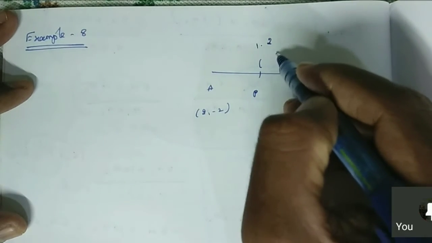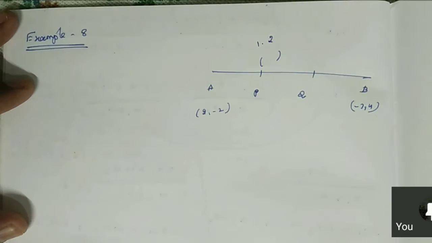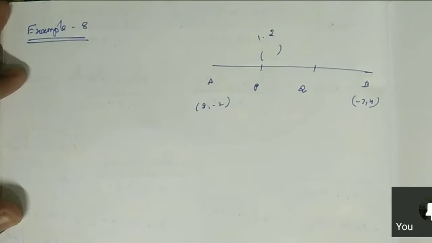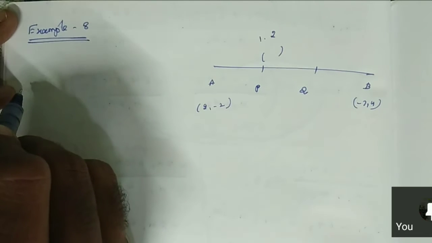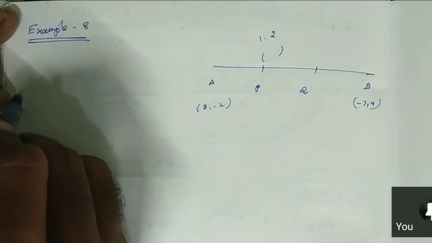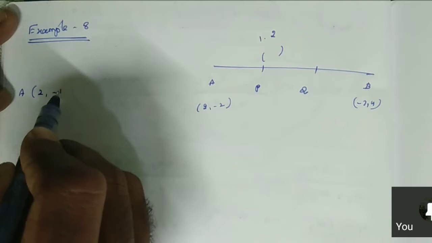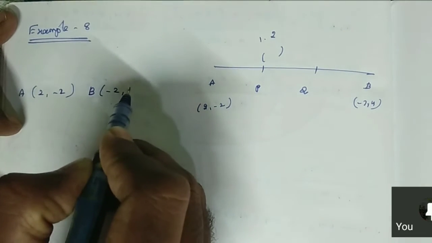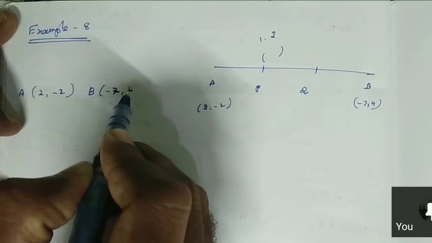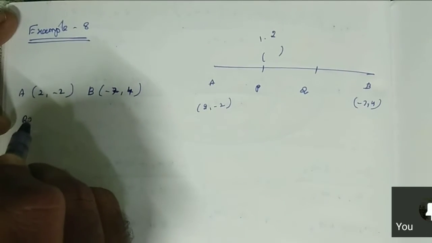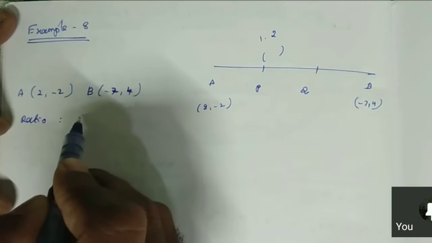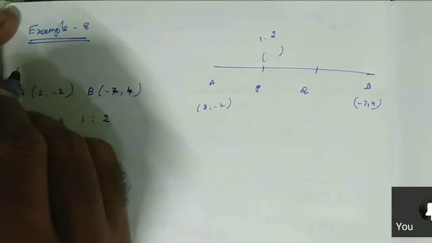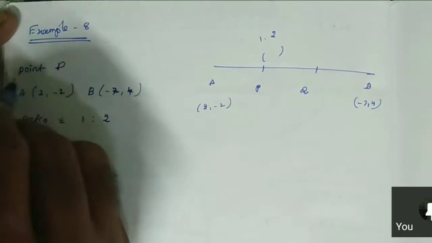Now we can write point A as (2, -2), then point B as (-7, 4), and the ratio 1:2. Now this is for point P.